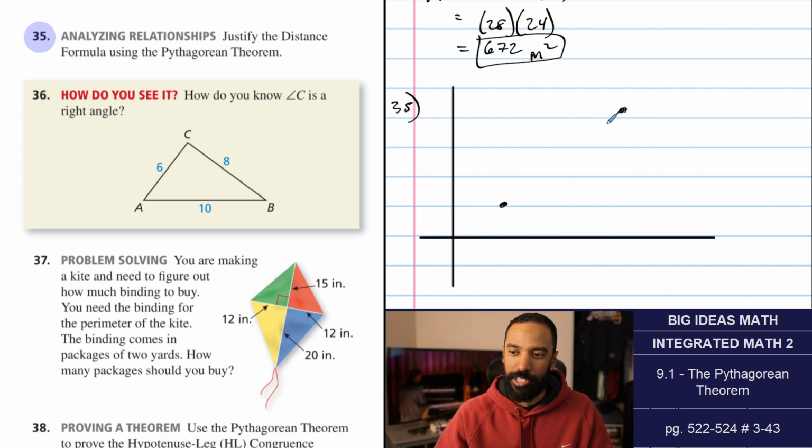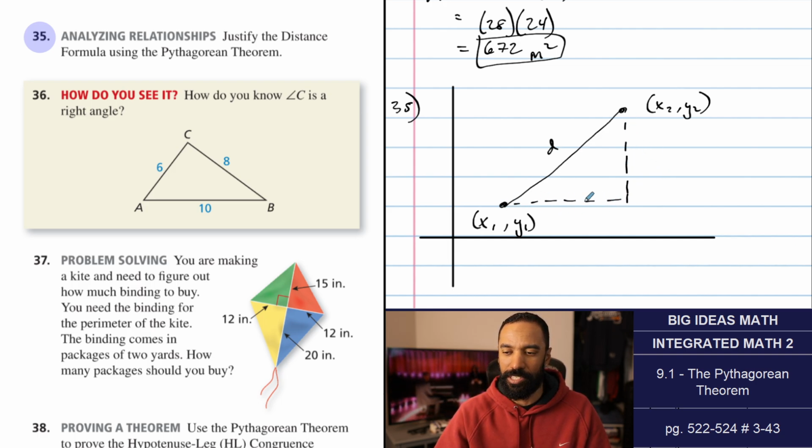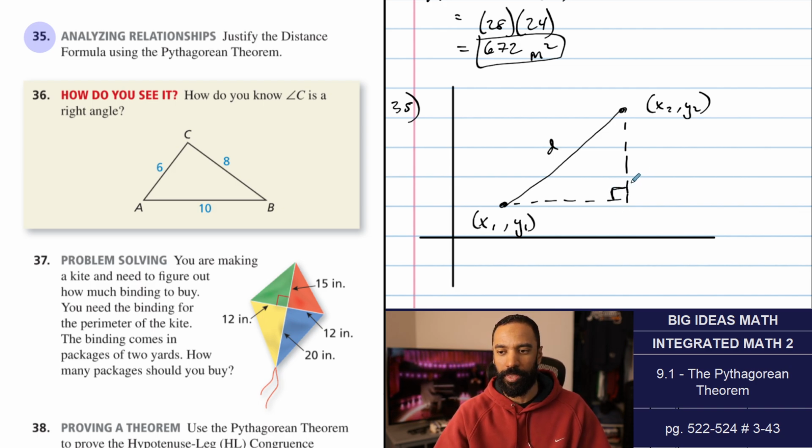I need to find the distance between 2 points. The distance d between 2 points on a graph, x1, y1, and x2, y2. I need to find the distance between those x's and the distance between those y's. This x distance is horizontal, y distance is vertical. Therefore, this is a right angle that we're dealing with here.